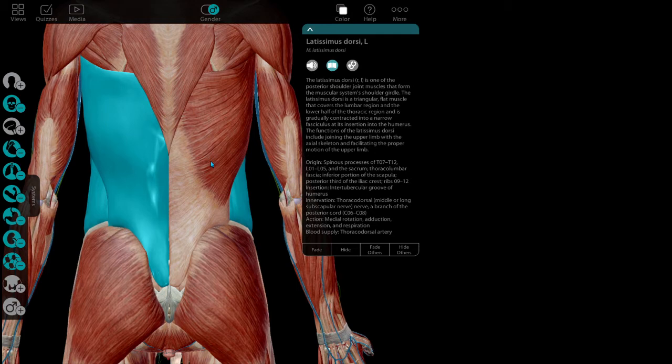Kung mag-sit ka, sitting push up, you're going to push your butt off the chair where you're sitting, then it's the function of your latissimus dorsi. At the same time, ang iyahang kwan yun na nasa imong arm, no? So, adduction sa arm. Na siya diri ang action na medial rotation and adduction and extension, as well as naghatabang po siya sa respiration.